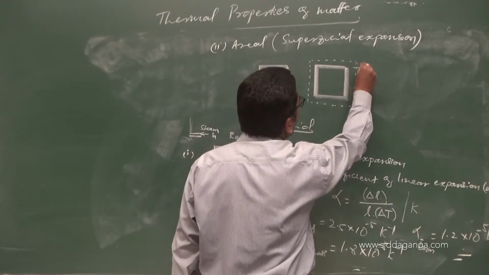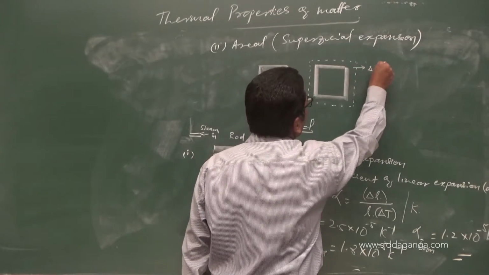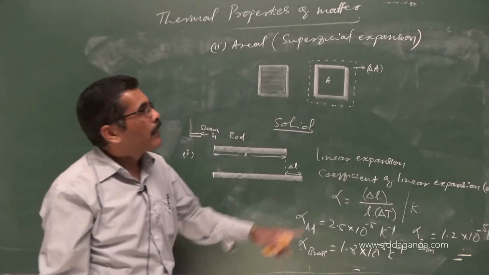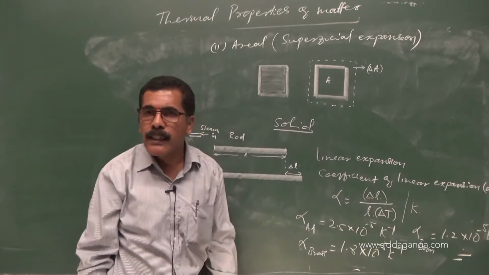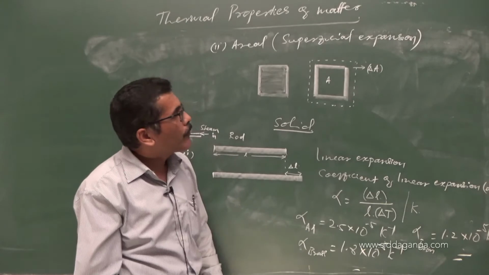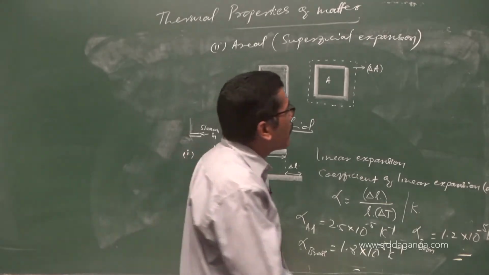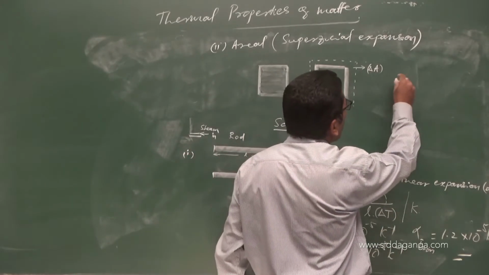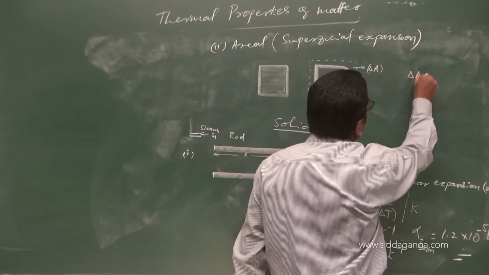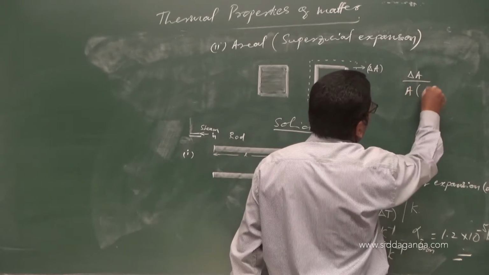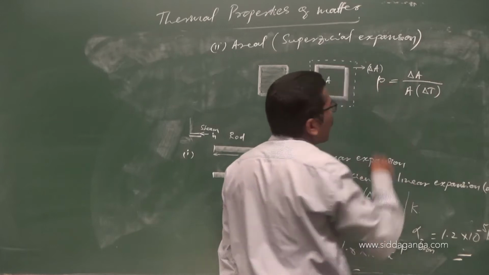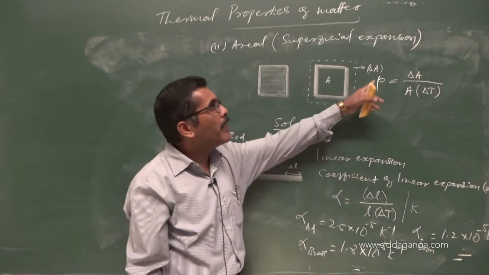If I take this as delta A, this is A, the original area, and the increase in area is delta A. Delta refers to a very small increase in area. In such a case, we will find that delta A by A per unit degree rise in temperature is always a constant, and this constant is indicated by beta.